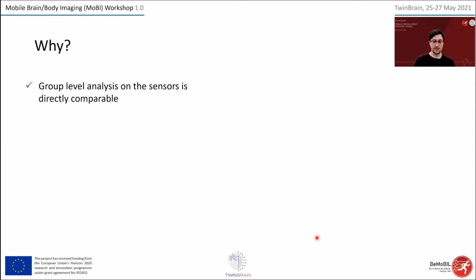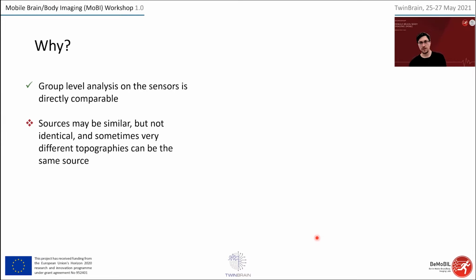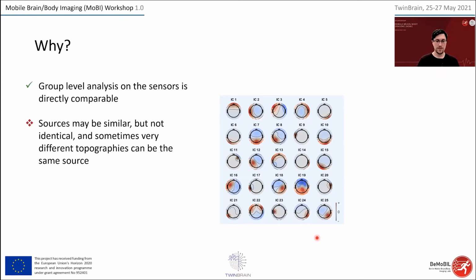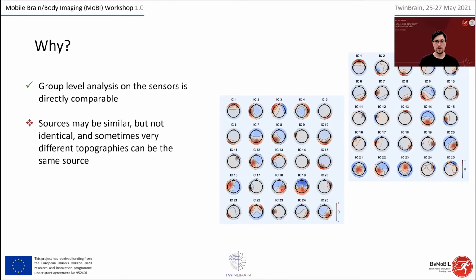But this is not the case if you're going to the source level. Sources are similar, topographies may be similar, and some are really stable like eyes, some brain components are usually also looking pretty similar, but they are not identical. If you want to compare this subject's component activity with this subject's component activity, you can see, okay, well, eyes are super similar. It's basically the same. But then it's already changing.